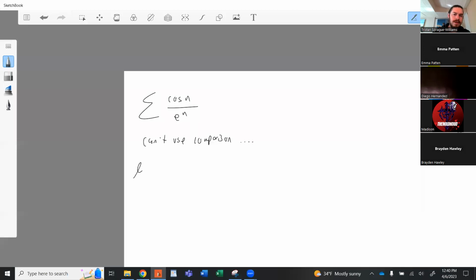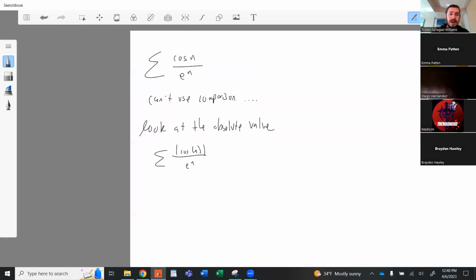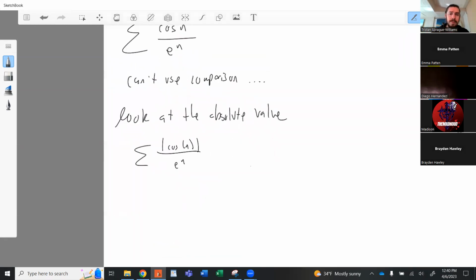Yes. Look at the absolute value. If we do the absolute value of cosine of n over e to the n, now we are talking about a strictly positive series, and we should be able to compare.